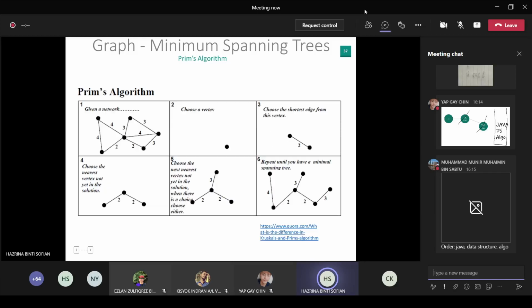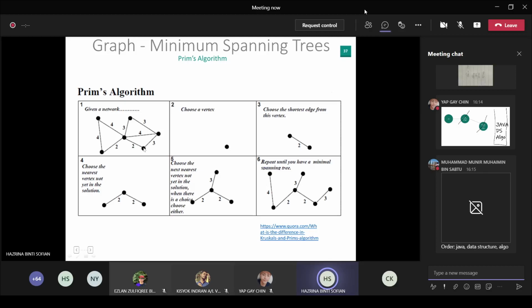So let's say this is the given graph, and you are a traveler and these are the countries that you want to visit. Using Prim's algorithm, you will still need to visit all of them, but in what sequence will give you the shortest path. In here you can choose a vertex if it's not given. But if it's given in the question, then you need to start from the chosen vertex.